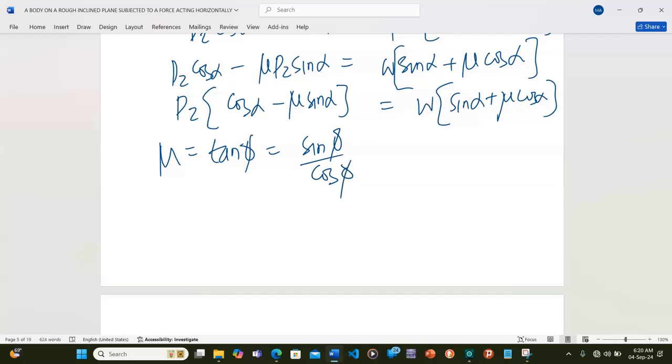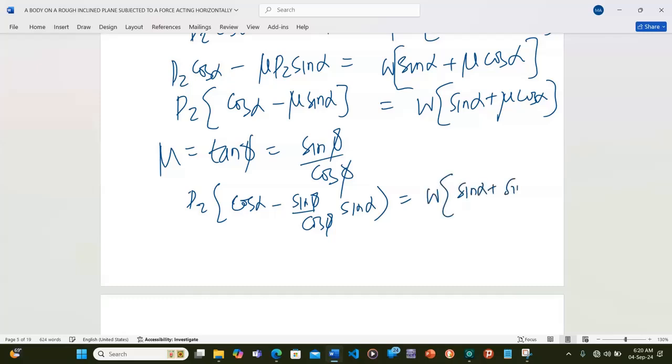So if I introduce it in here, I'll have P2 into cos alpha minus sine phi divided by cos phi times sine alpha, equal to W into sine alpha plus sine phi divided by cos phi times cos alpha.